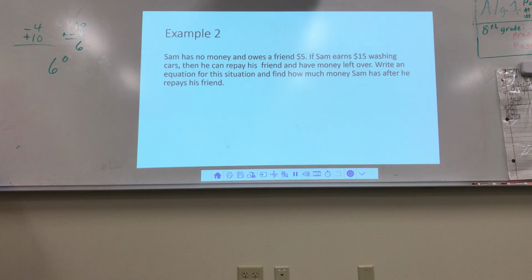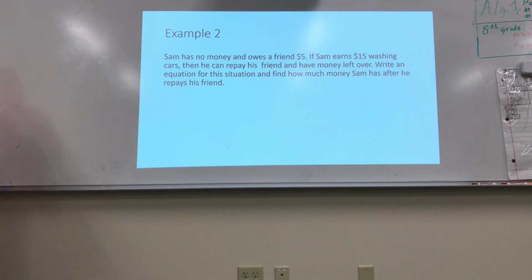Example 2: Samuel has no money and owes a friend $5. If Sam earns $15 washing cars, then he can repay his friend and have some money left over. Write an equation for this situation and find out how much money Sam has left after he repays his friend.